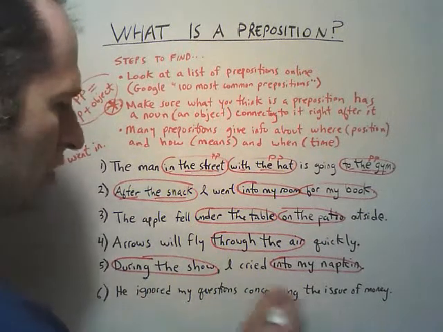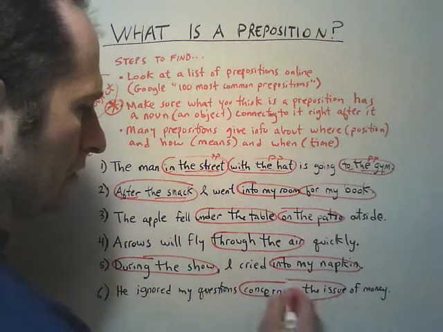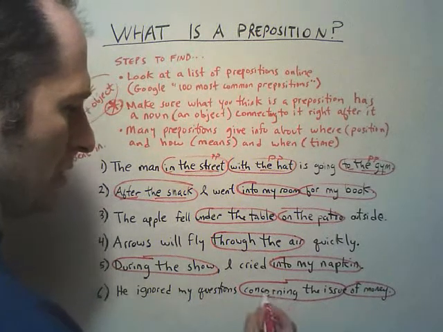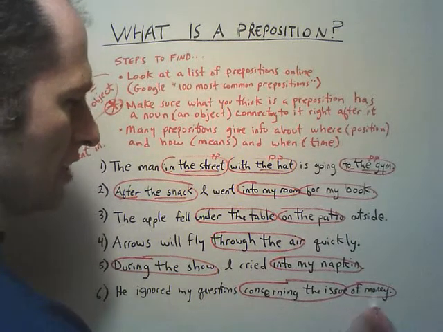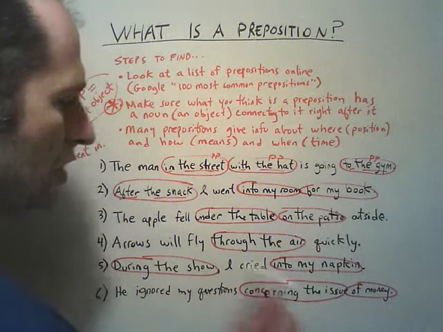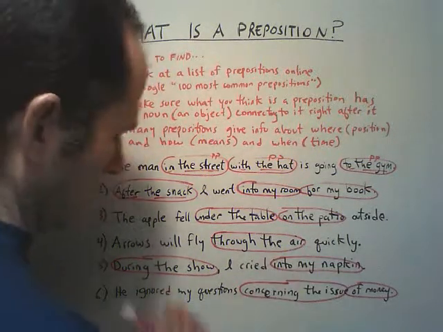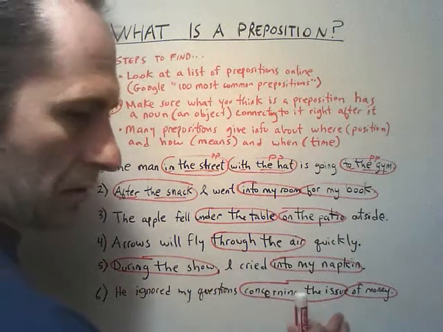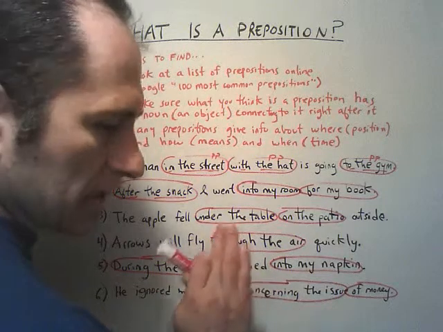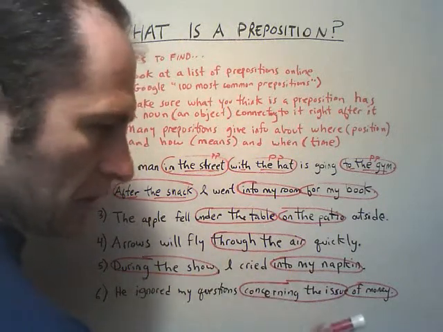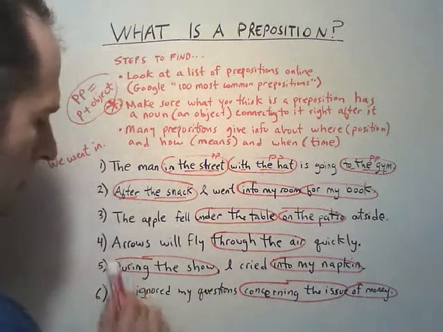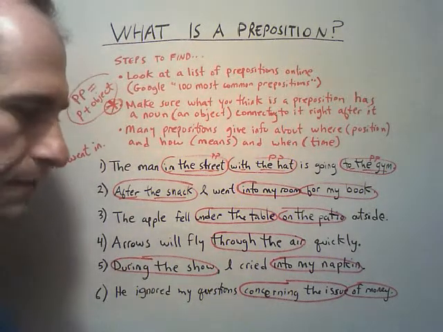He ignored my questions concerning the issue of money. Preposition, object of the preposition, preposition, object of the preposition. So be sure you know this about concerning. When concerning means about, like he ignored my questions about the issue, it is not a verb. It's a preposition. And during is always going to be a preposition.